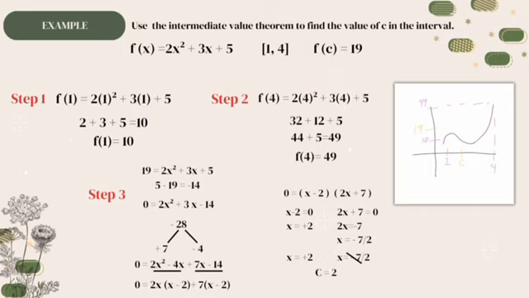Well, negative 7 over 2 is negative 3.5, which is not between 1 and 4. So, it's not the c value, but x equal to positive 2 is in the interval of 1 and 4. So, therefore, c is 2.